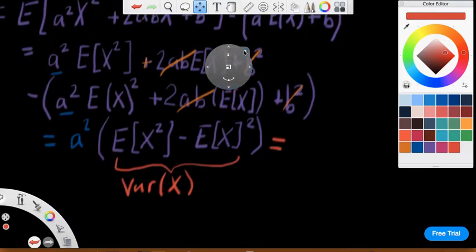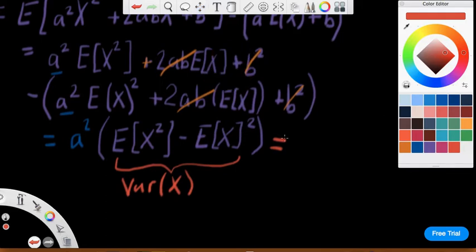So this is the variance of ax plus b is equal to a squared times the variance of x, which is what we wanted to show. So I'll put a little box here to show that we have proved the second part as well.